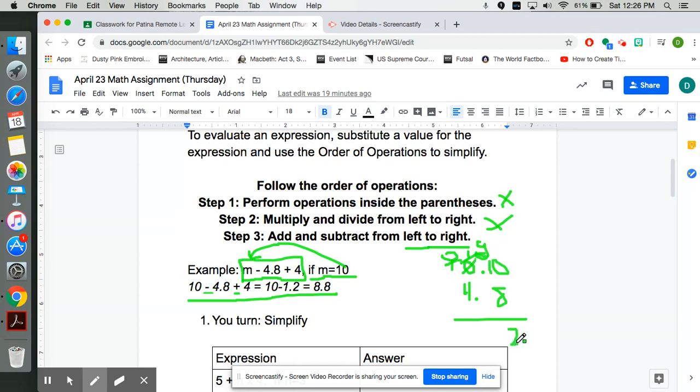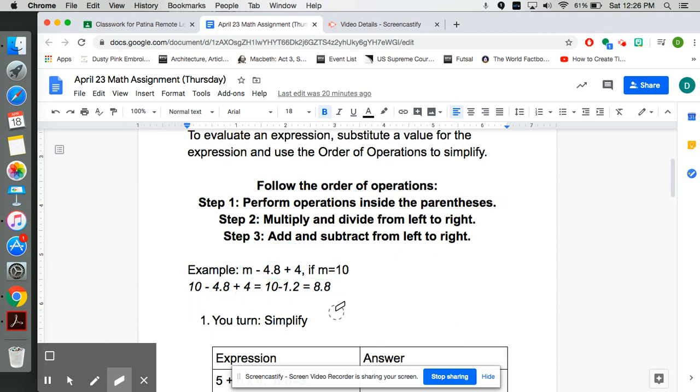So it looks like we get 5.2. And then if I do 5.2 + 4, I get 9.2. So that's the answer to that expression. I hope that makes sense.